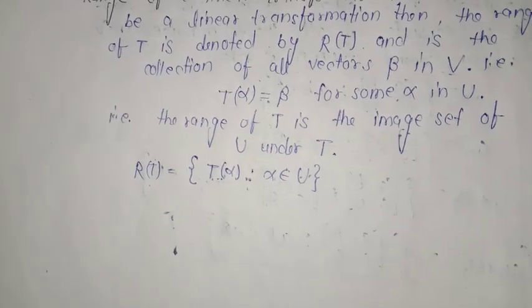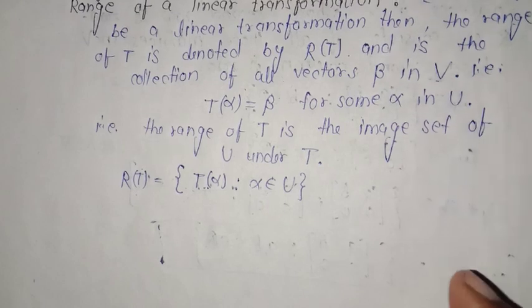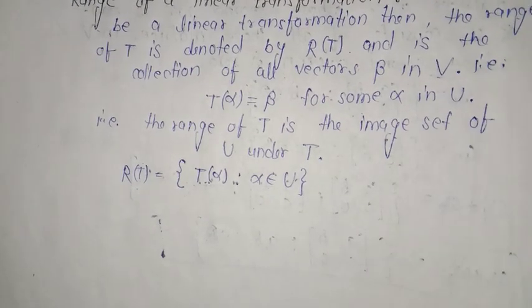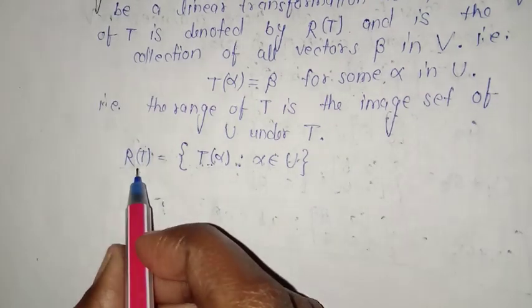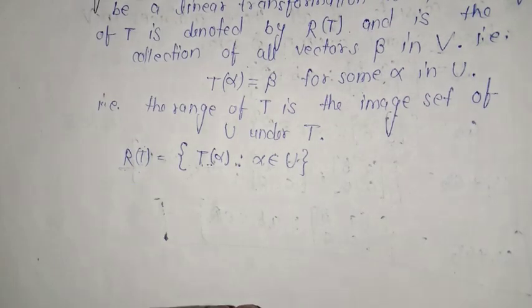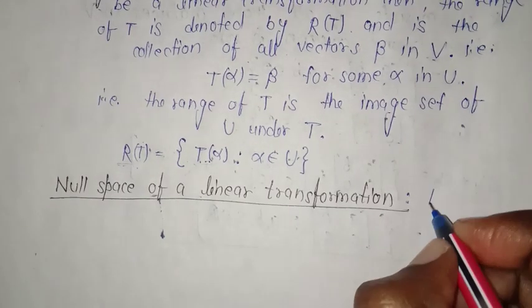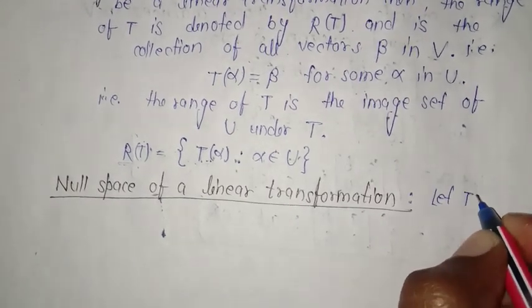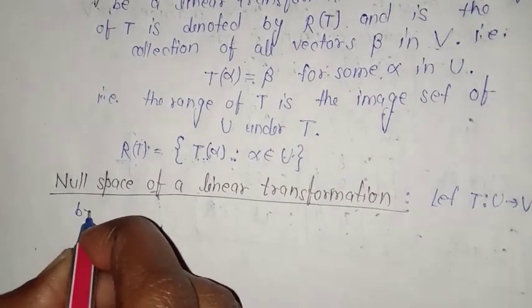Now we will discuss the nullity, that is null space of a linear transformation. Sometimes the rank is also discussed. The rank is nothing but the dimension of this subspace. We will see it later. Let T from U to V be a linear transformation.